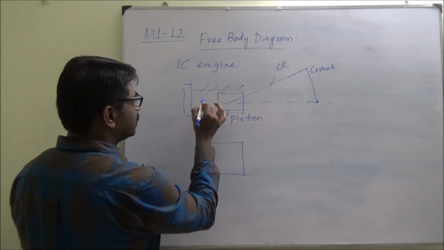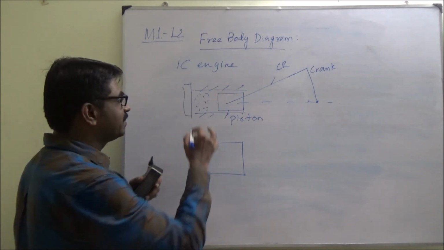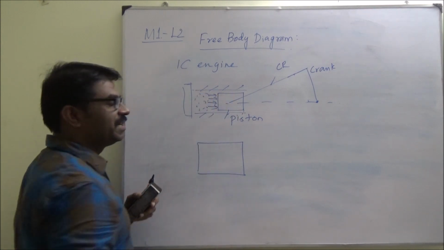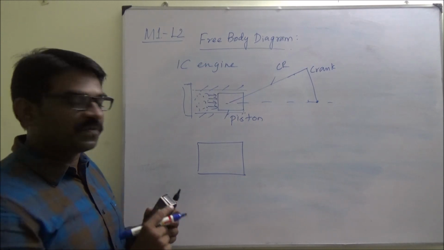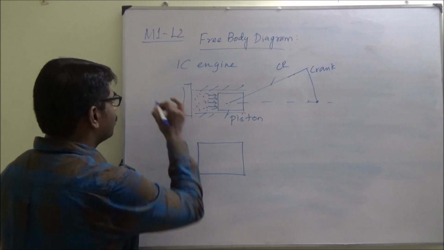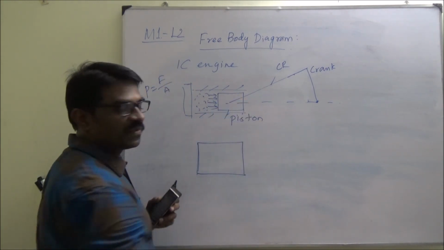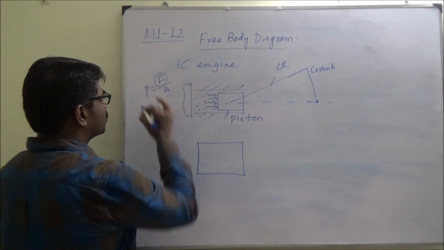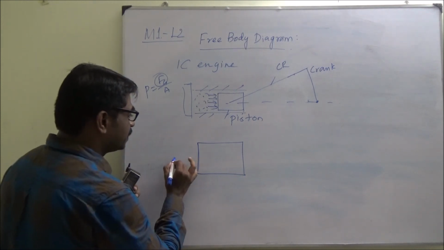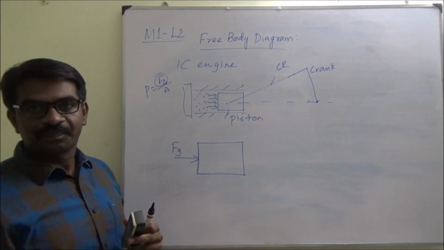The fuel particles are here and it is burnt here, so the fluid pressure will be acting here. So the resultant of that fluid force, pressure times area, where area is the cross-sectional area of the piston. So this force is the gas pressure force, acting here.